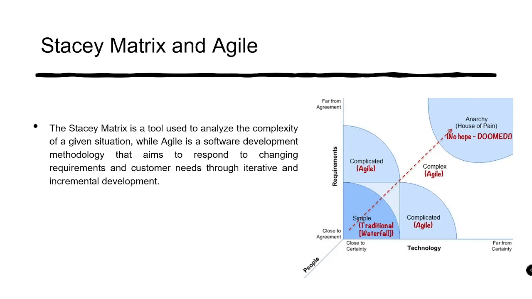In these domains, the problem and its solution are not well understood, and there may be little agreement among stakeholders about how to proceed. Agile methodologies provide a way to manage uncertainty and rapidly respond to changing requirements through continuous feedback and adaptation.